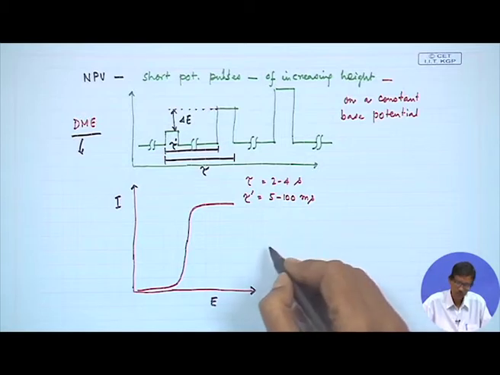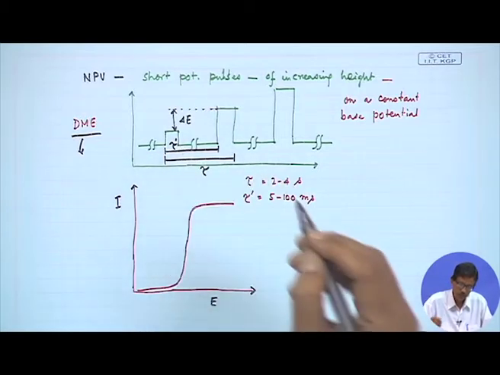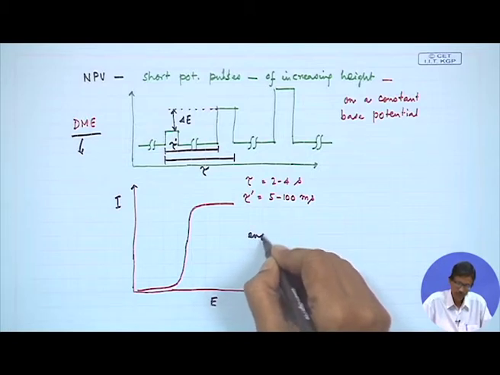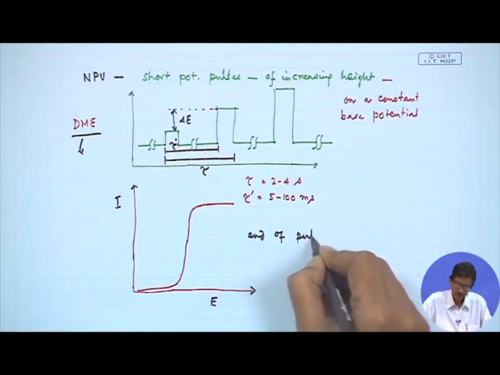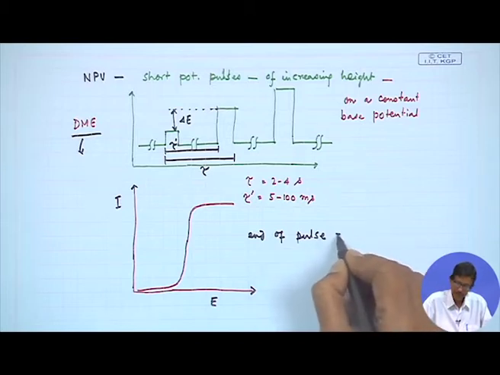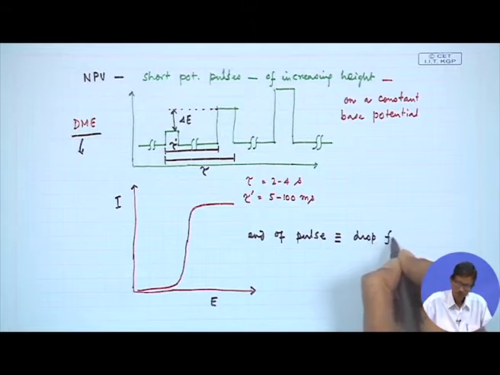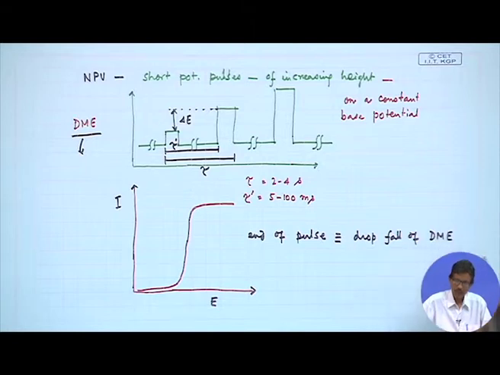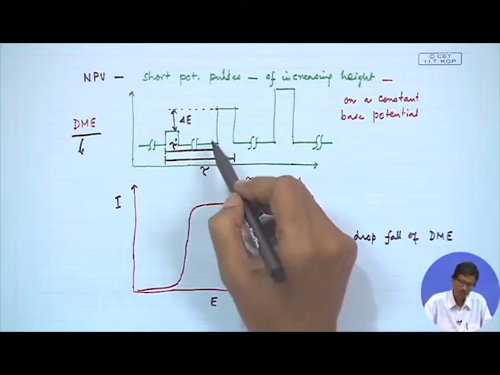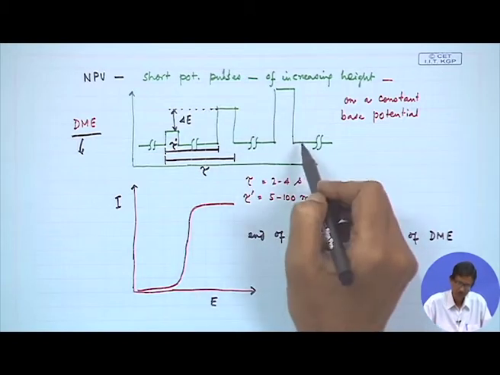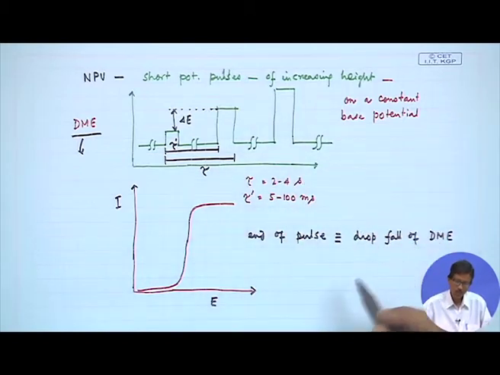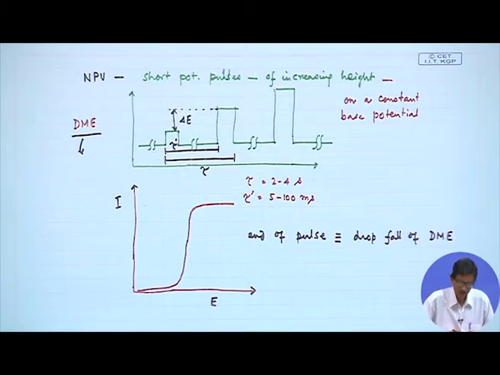When you finish and come back to this particular position, that is your end of pulse, which will equal the drop fall of the DME. So, you get a new drop of mercury, and that new drop is utilized for your second pulse, and the third drop is for the third pulse. In this way it is very useful for normal pulse voltammetric measurement.